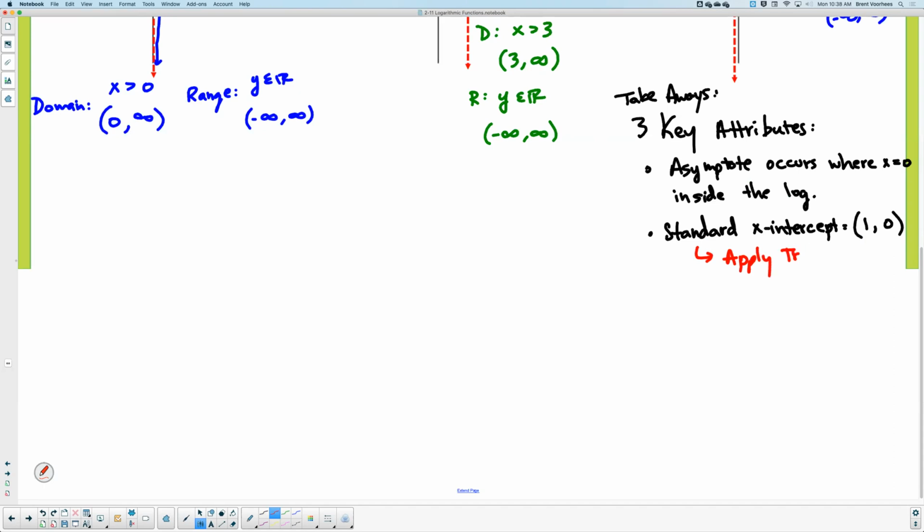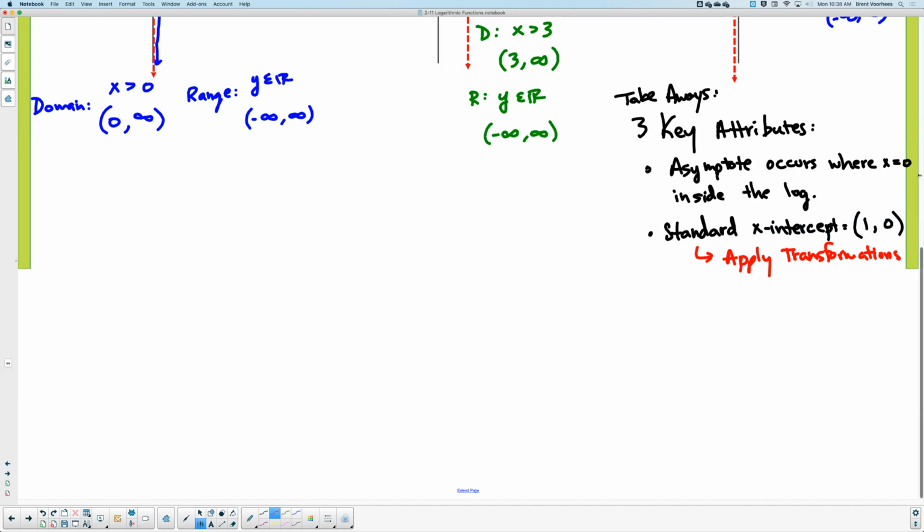That's the easier way. I should have done the lesson that way at the very start. I realized it was confusing putting the formulas down. Just the standard x-intercept is (1, 0), but then apply your transformations from that. Meaning, if you have an x minus 2, you add 2 to that value. If you're multiplying by 3 on the outside, multiply your 0 by 3, and so on.